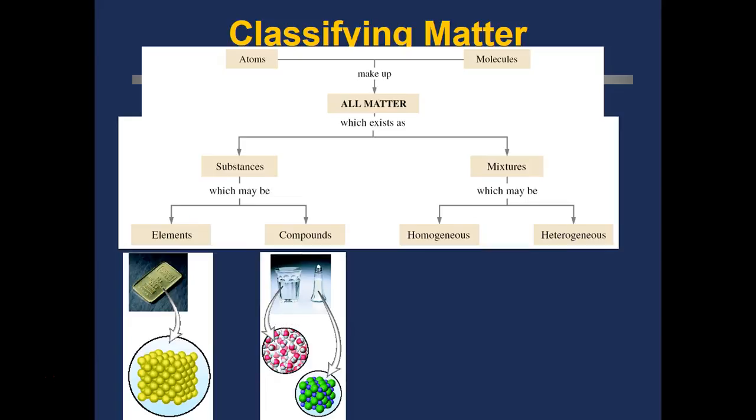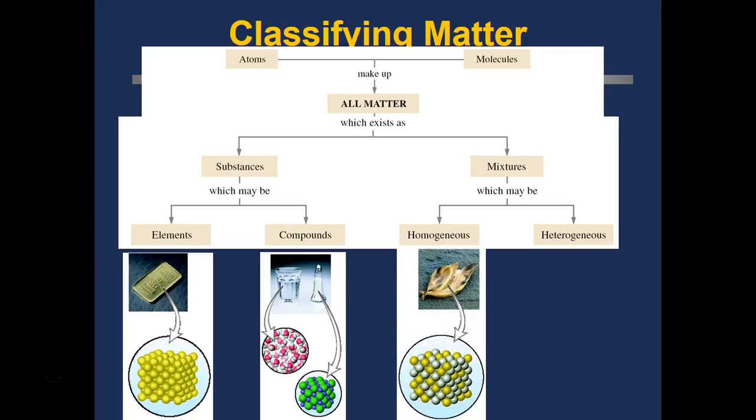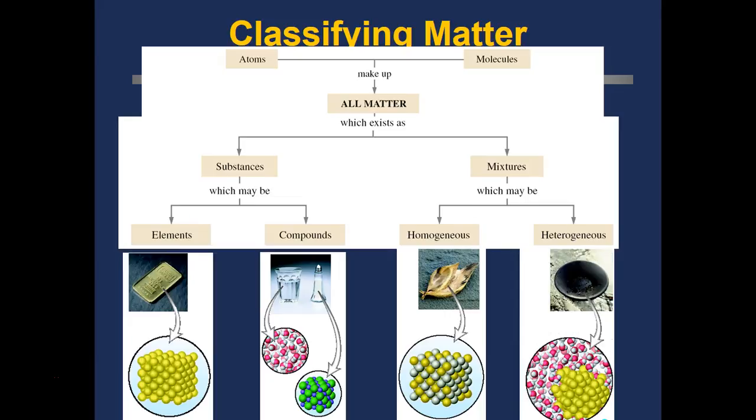Compounds do not have all the same atom, and they can be broken down chemically into their separate atoms. Homogeneous mixtures have different atoms that are not joined together by bonds, and heterogeneous mixtures have different atoms that are not bonded together, but they're also not necessarily in the same ratio.